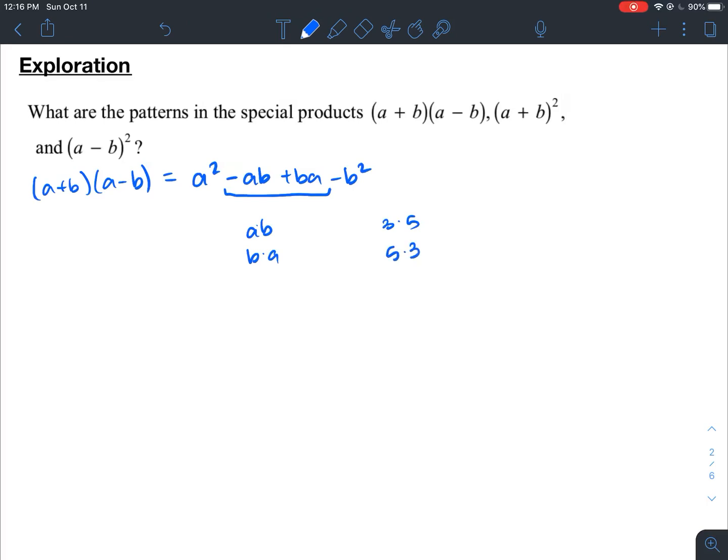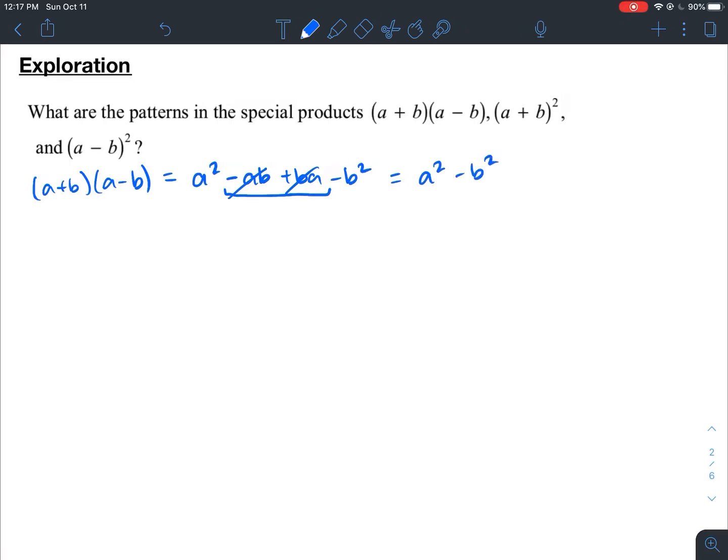It's because this is multiplication, and multiplication is commutative, which means that we can arrange the order of the terms being multiplied and still get the same answer. So these are actually the same terms right here. So this is actually equal to negative ab, positive ab. These cancel out, so we're left with a squared minus b squared.